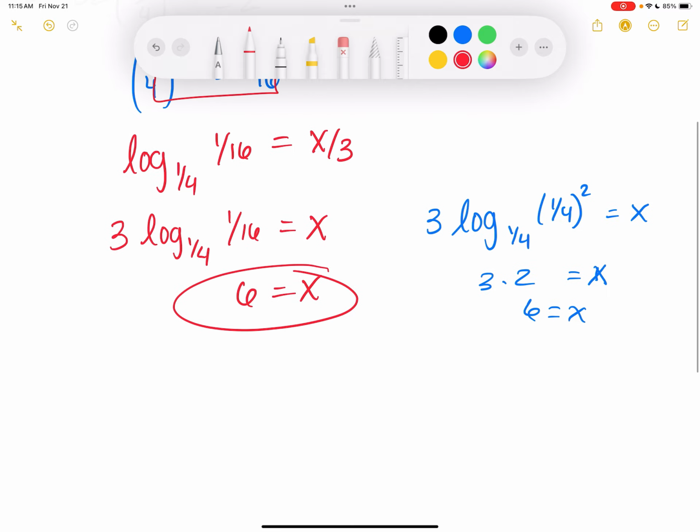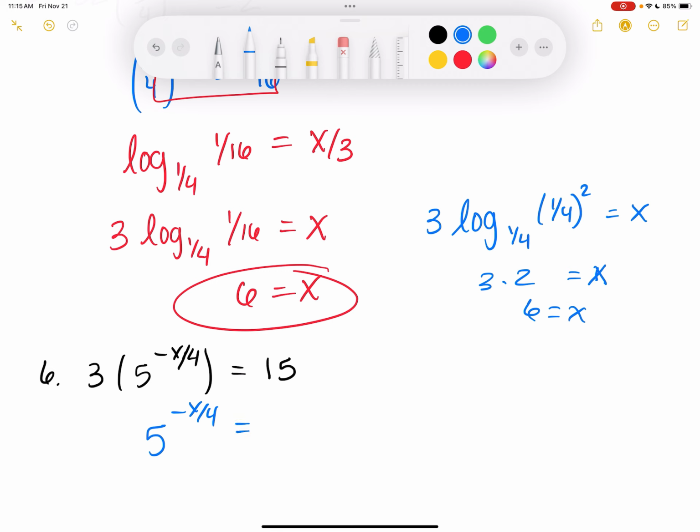Number 6. 3 times 5 to the negative x over 4 is equal to 15. So divide by 3, so I have 5 to the negative x over 4 is equal to 5.